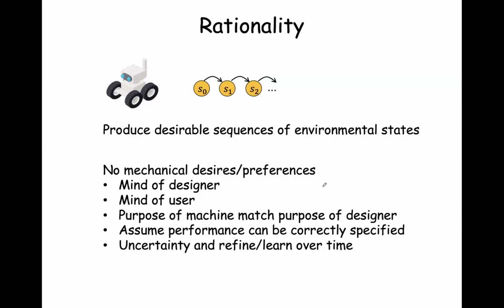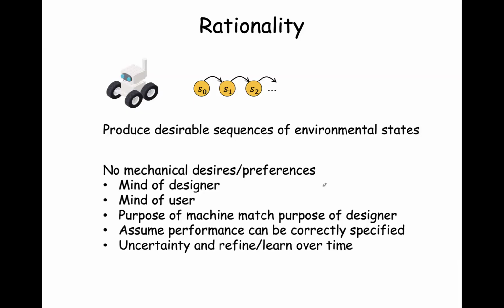And it is predicated on the assumption that you can correctly specify this notion of an evaluative measure for what quote unquote good performance means. Certainly in the real world, and in some virtual worlds like computer networks, there's a lot of uncertainty. And so in those sort of environments, you have to learn over time. You have to refine based on the percept sequences and changes in percept sequences that you encounter.